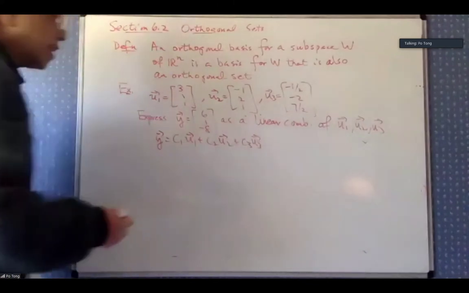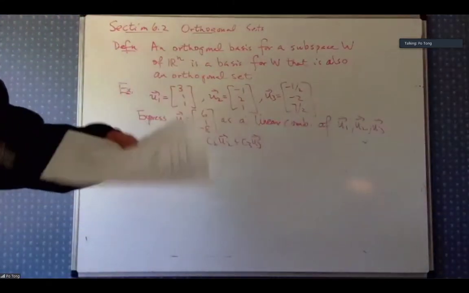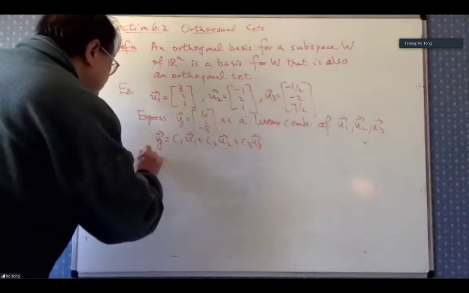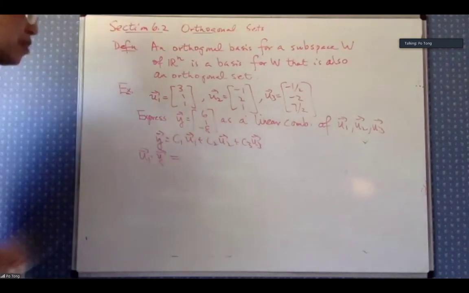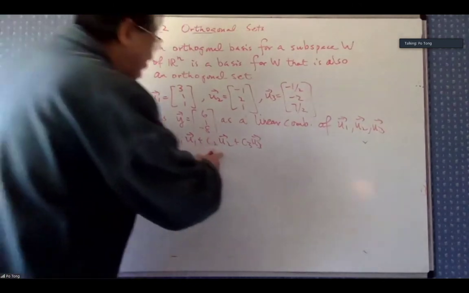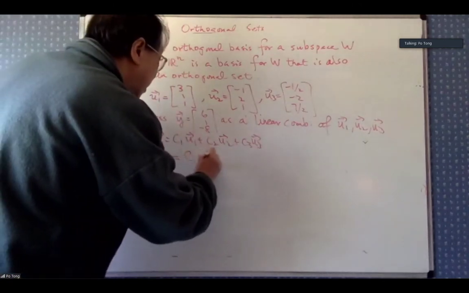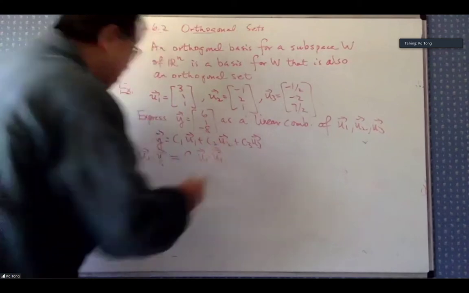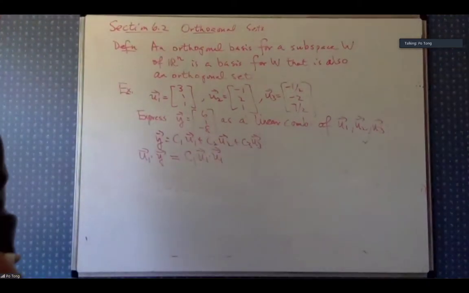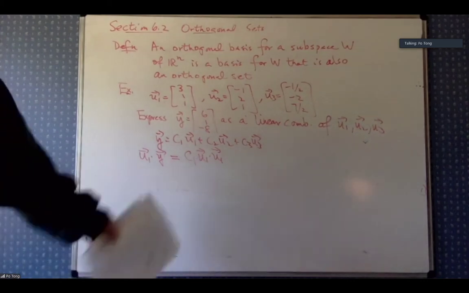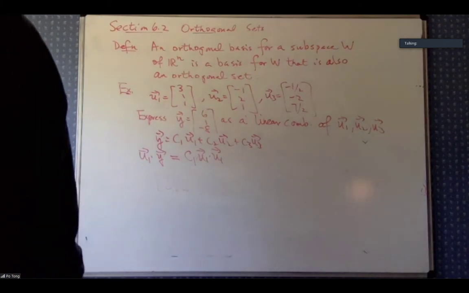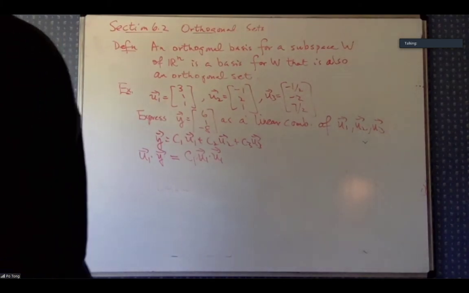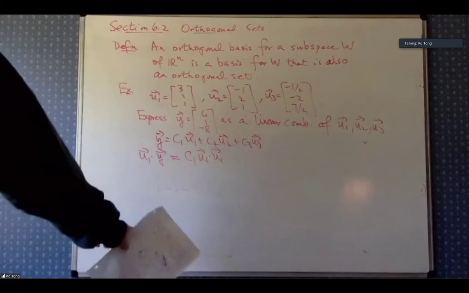So the way to do this is like the proof of the earlier theorem that we did. So you're going to dot this guy with u1. Now when you dot this guy with u1, can you see that these guys are going to be gone? And I have this. Can you guys see that? I skipped the step a little bit because it's exactly like what we did earlier. Tell me, do you guys follow that?